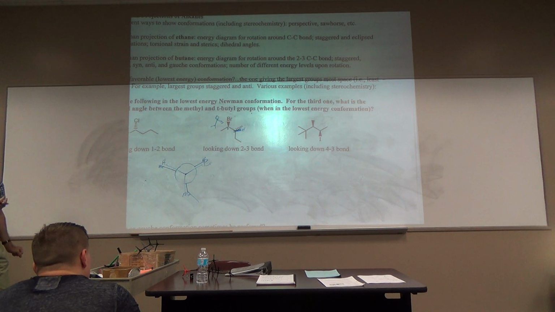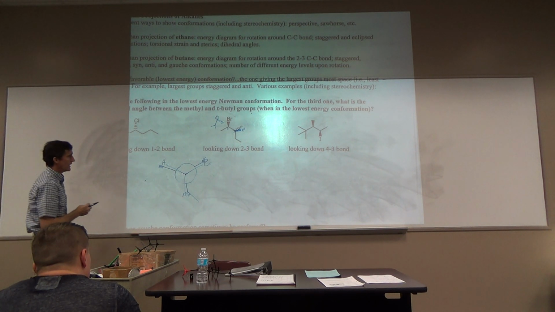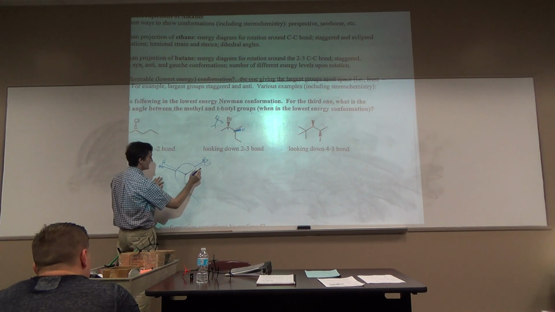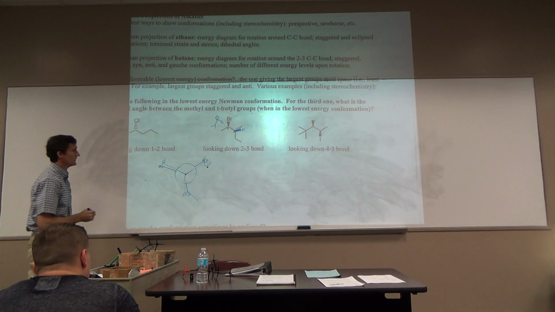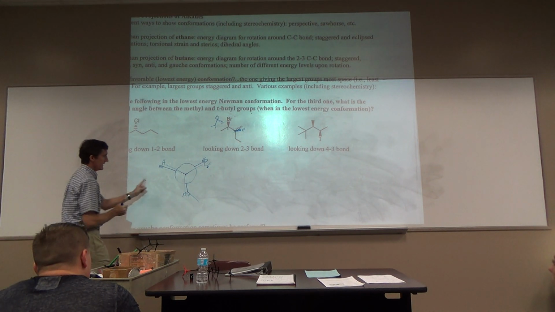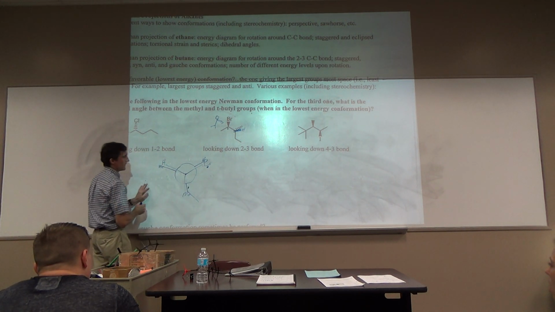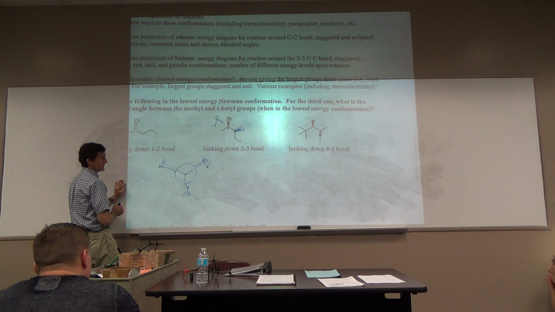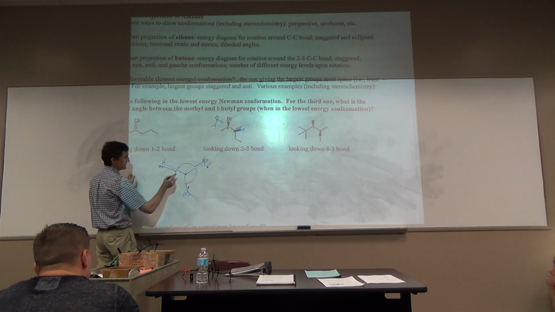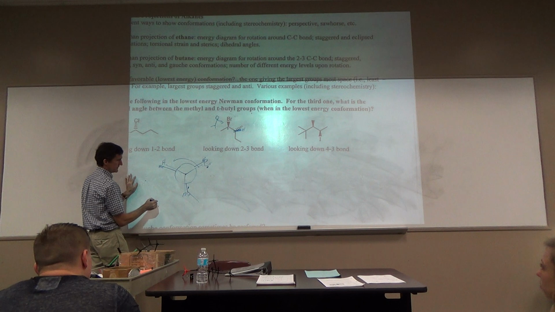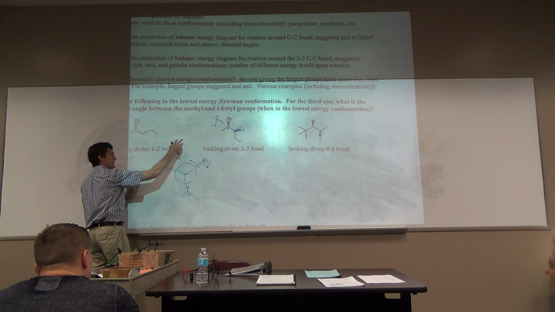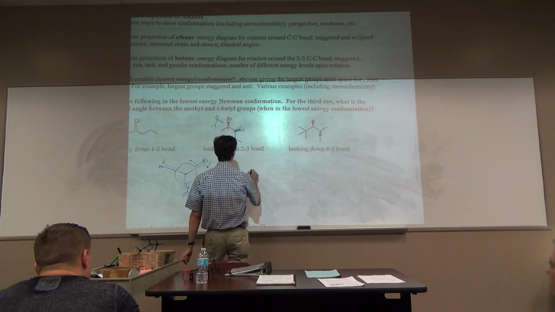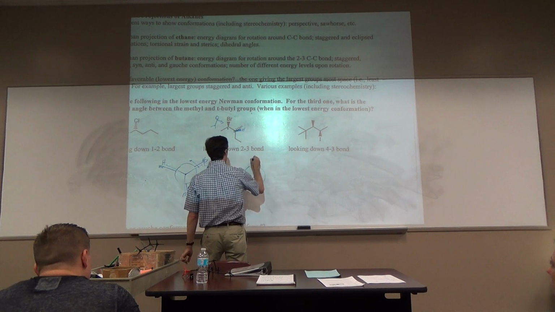Is that the best? Well, no. Eclipsing is never better. Biggest group on the front, methyl, bromine. I'm going to say bromine. Biggest group on the back, ethyl. I want to make sure that these are anti. I'm going to rotate the front, the bromine here. I don't have to rotate it much, do I? I just want to rotate it up here. I'm rotating the front, bromine now straight up.